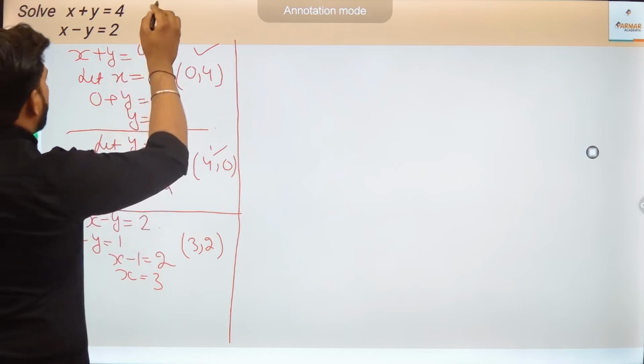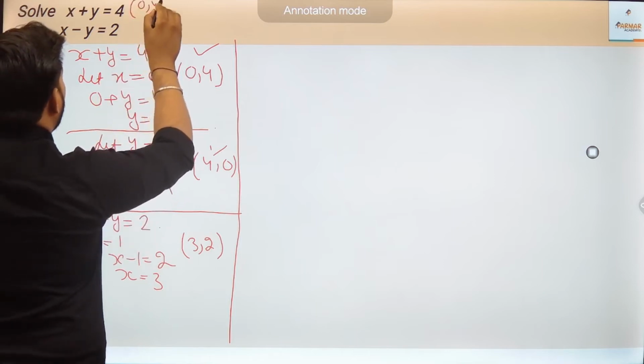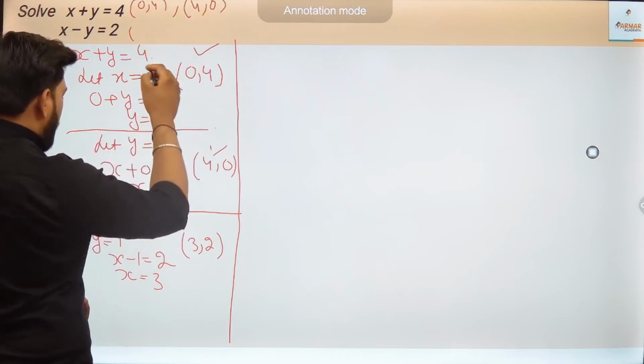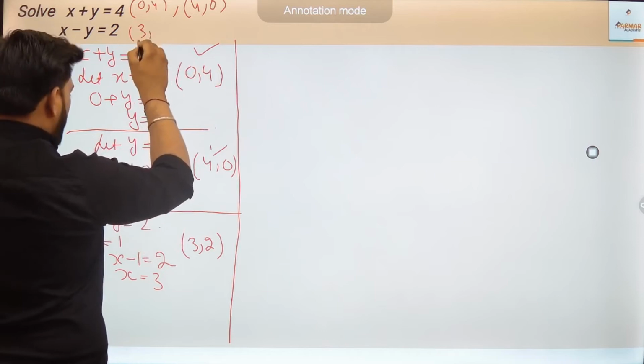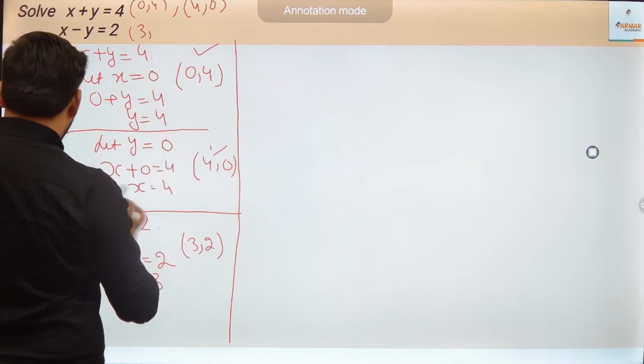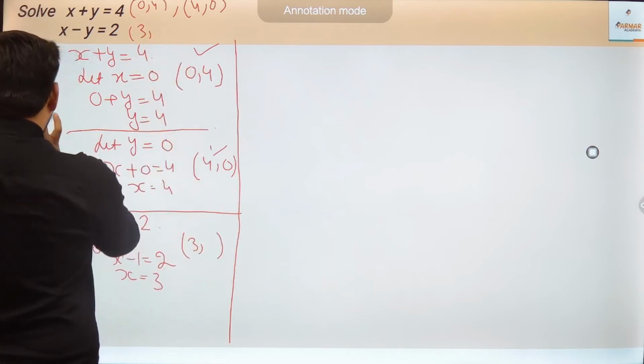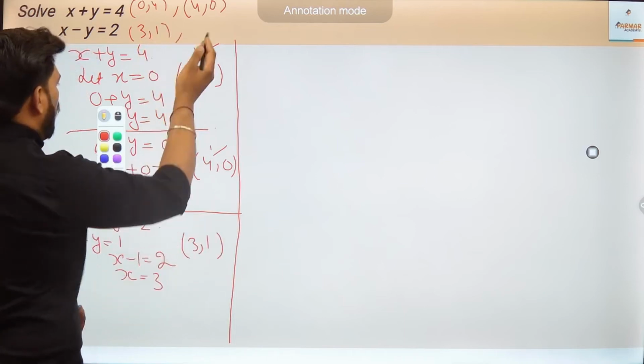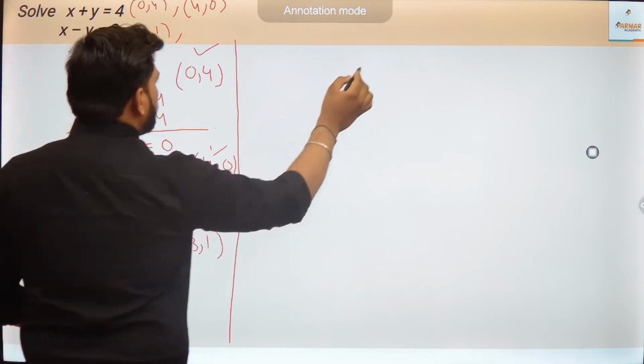So for the first equation, solutions are 0 comma 4 and 4 comma 0. For the second equation, the solution is 3 comma 1. Now we have to find the second solution.